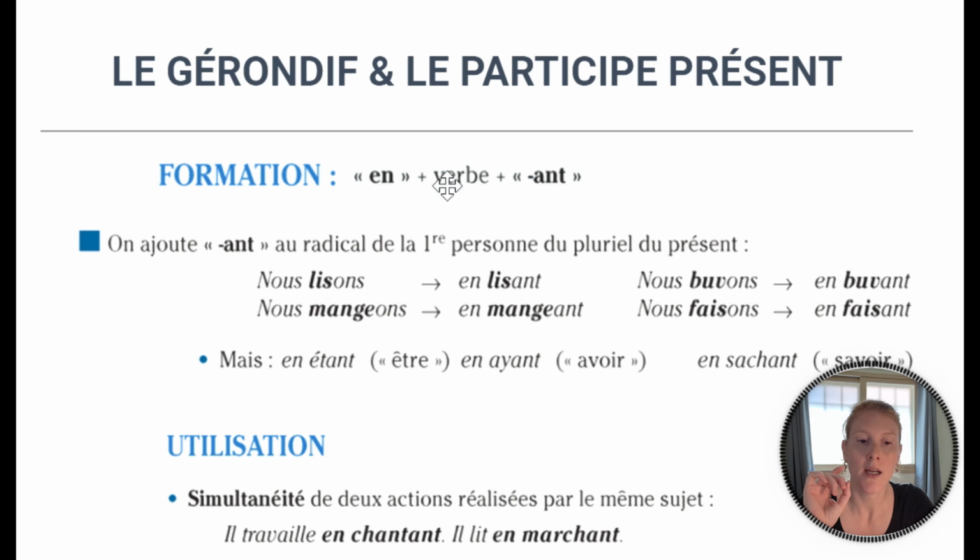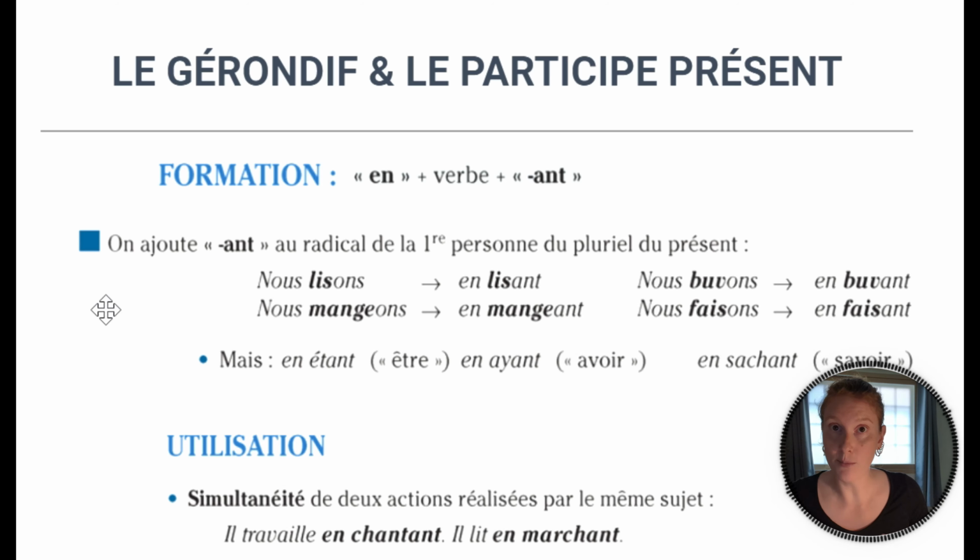So the verb obviously here is not in the infinitive form, it's in a specific form. So the radical, to know the root of the verb, you have to take the verb you're looking for. Like you have an example here, the verb lire, which is to read, okay? You conjugate it at the first person of plural, in the present tense.